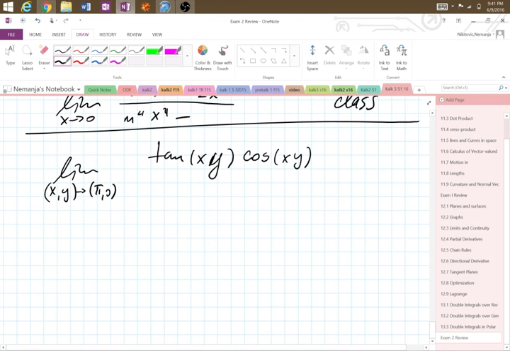So tangent times cosine all over 4x, like this. Yep. Sorry, there's a plus. There's a plus. That will be good.